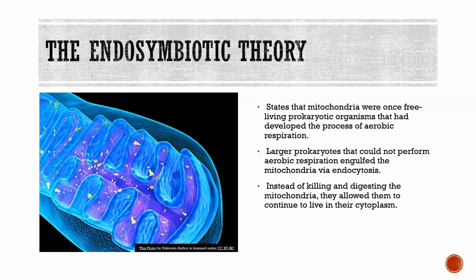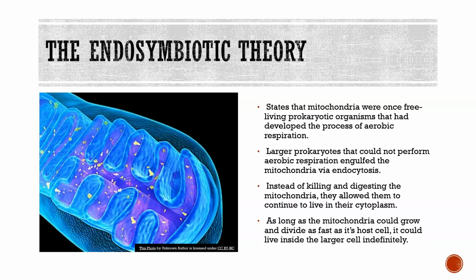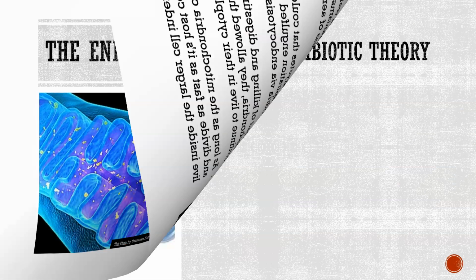Now, instead of killing and digesting the mitochondria, they allowed them to continue to live within their cytoplasm. As long as the mitochondria could grow and divide as fast as the host cell, it could live inside the larger cell indefinitely.